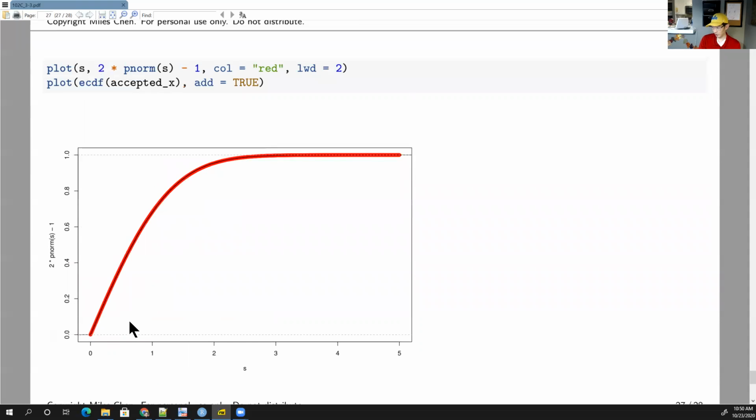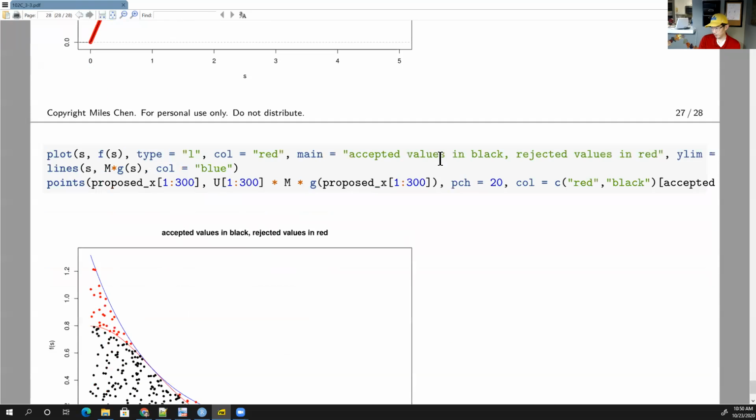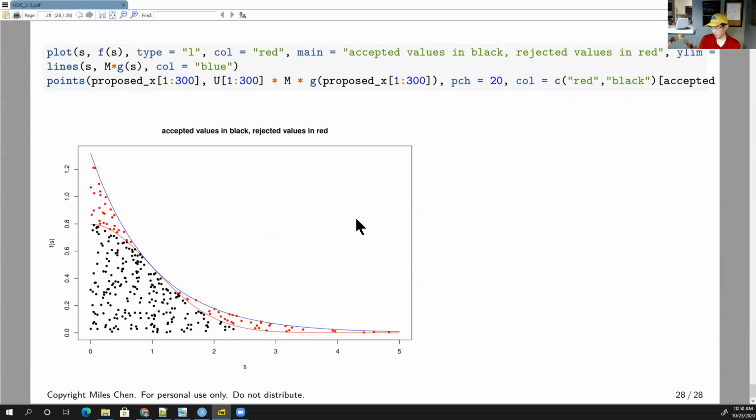When I plot the empirical CDF, which is 2 times p norm minus 1, it also matches, so that's good. And then this is a plot of what we have. It proposes values from the exponential. The exponential distribution sometimes proposes values like 4 or 5, but rarely do those fit underneath the red line.